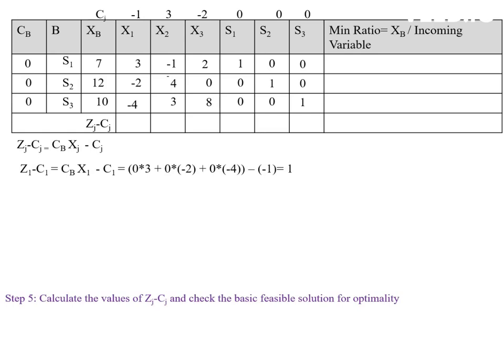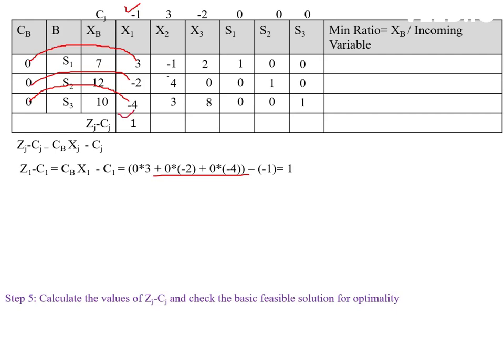So first we calculate Z1 minus C1, which is equal to Cb into X1 minus C1, which is 0 into 3 plus 0 into -2 plus 0 into -4, and C1 value is -1. So it will be minus of -1. So the total value will become 1. So you have to enter the 1 value here.